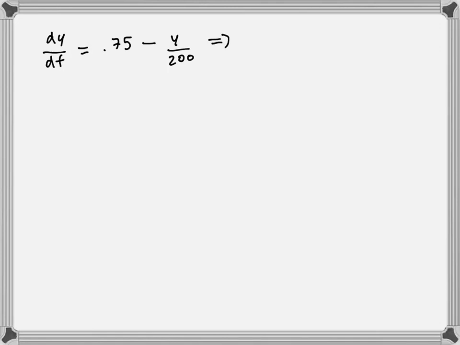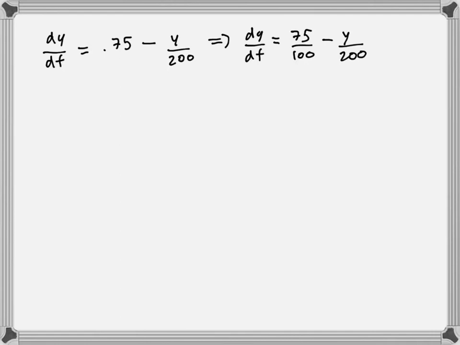Or let's go ahead and write it this way. Isn't this the same as dy/dt is equal to 75 over 100 minus y over 200? Okay, so if you want to get a common denominator, you can.